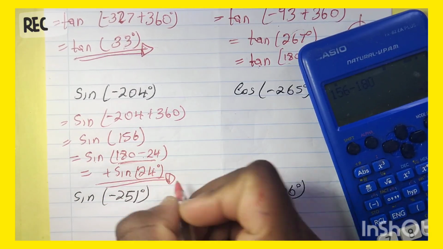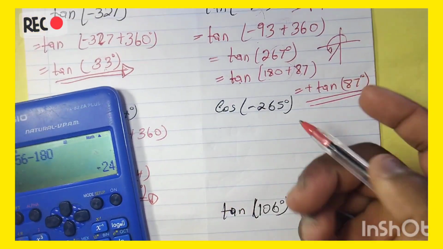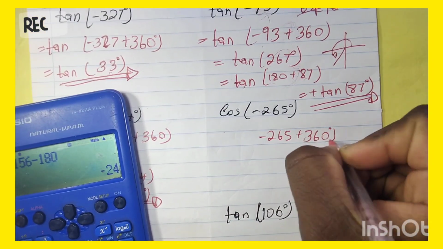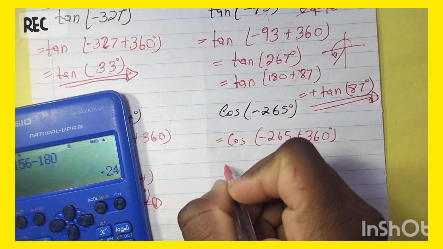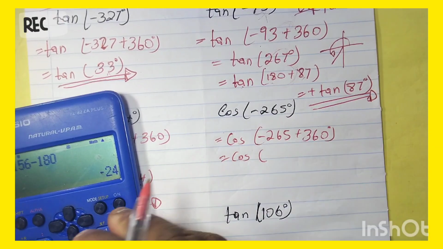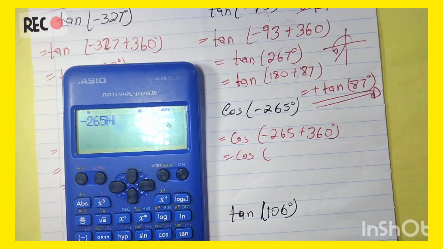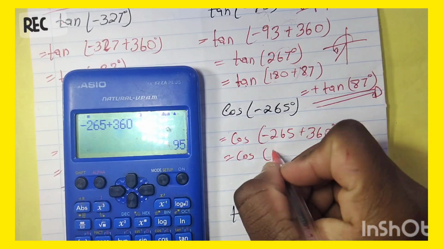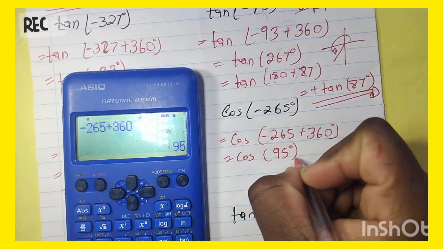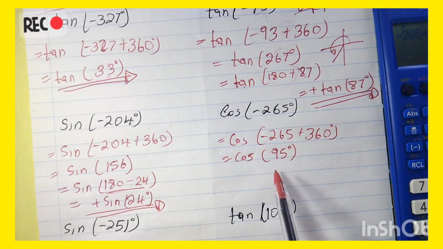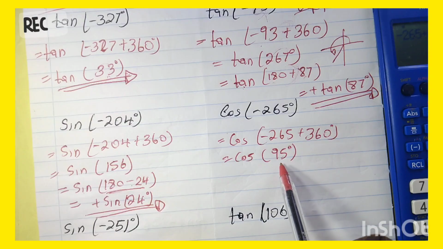Leave your answer. Then coming for this one, they just add 360, which is this thing, it's cos. That's cos. So now I can just press this thing down my calculator. So this is what I'm supposed to get there. That's 95 degree. So I can't say this thing there is an acute angle, because this one there is greater than 90.